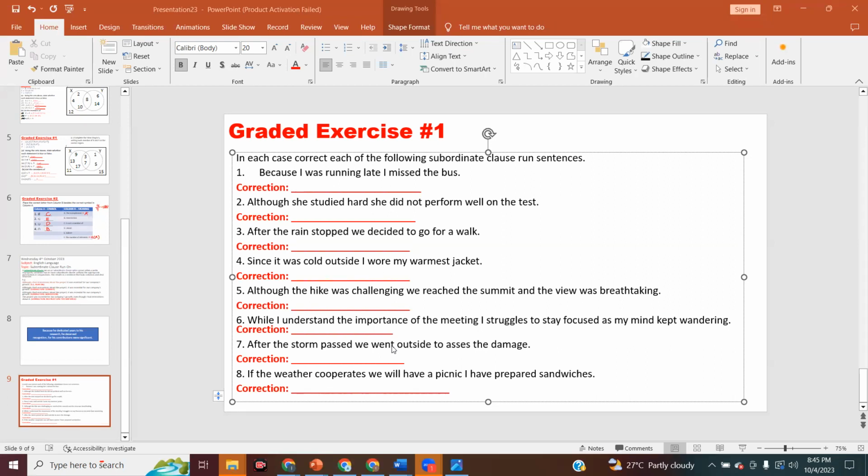Jalen, what number are you on? I am number 3. Right. Chanel, what number are you on? Number 6. Do you understand what to do? Yes, sir. Okay.